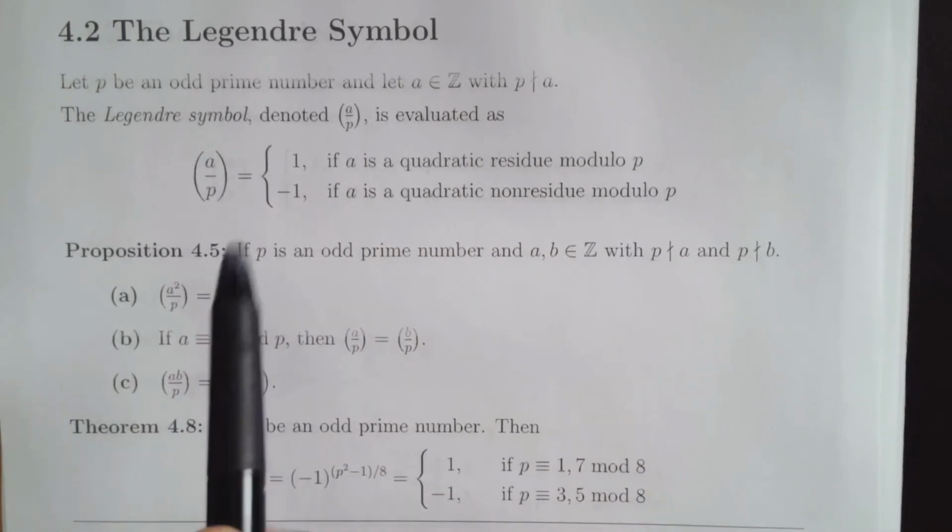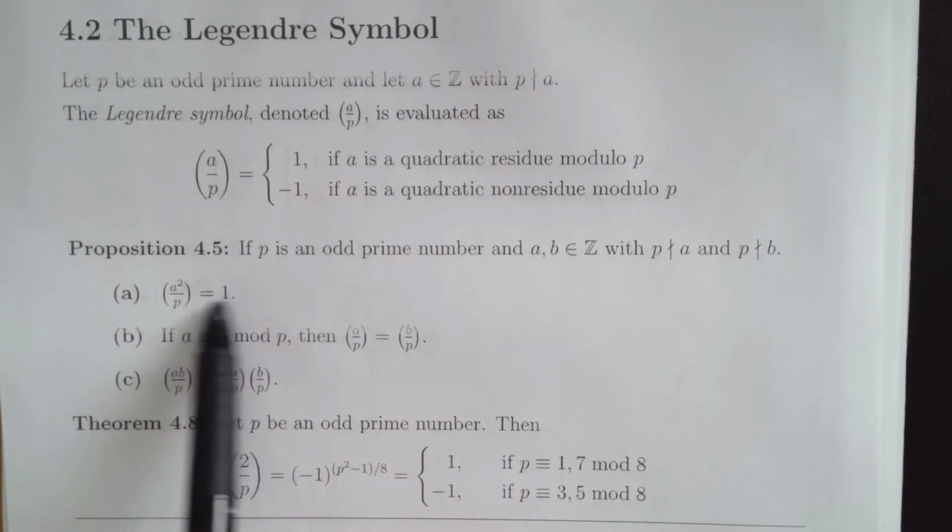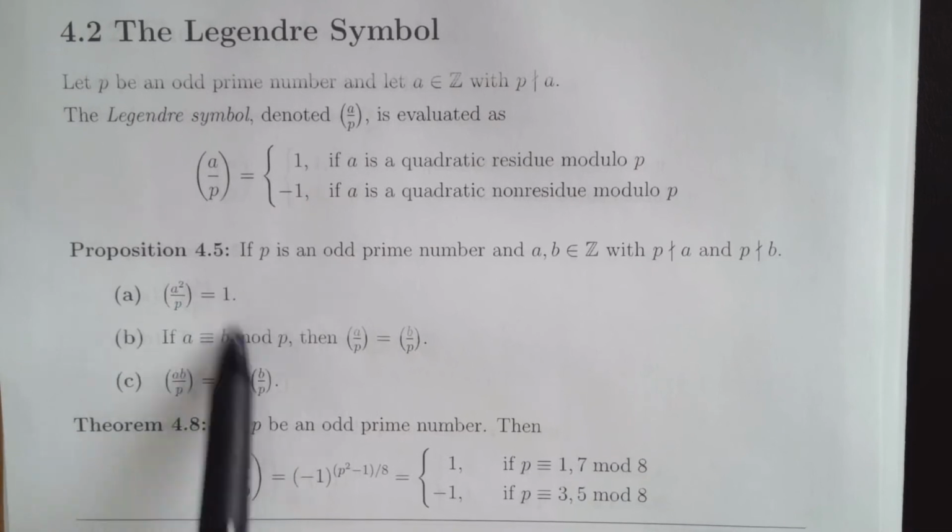Okay, now we have our proposition 4.5 that allows us to simplify some computations for the Legendre symbol.